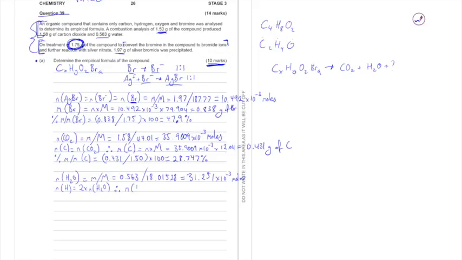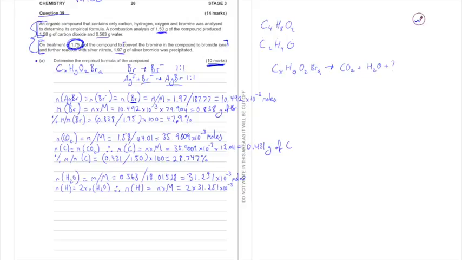the mass of hydrogen is equal to moles times molar mass. This is equal to 2 times 31.251 by 10 to the minus 3. Again, that 2 is to account for the fact that there's 2 hydrogen atoms within each water.